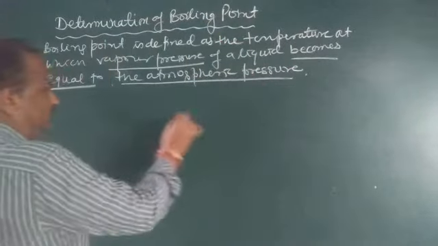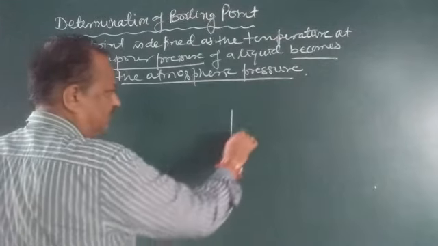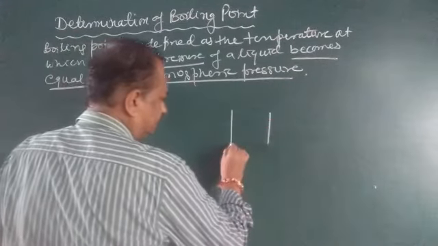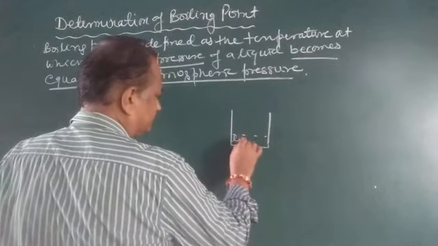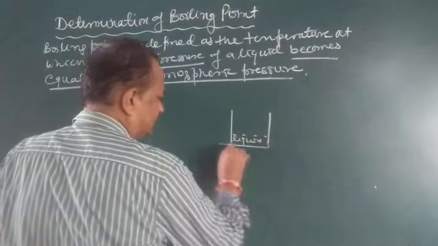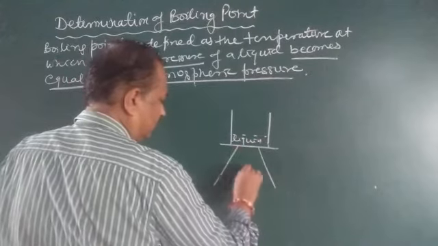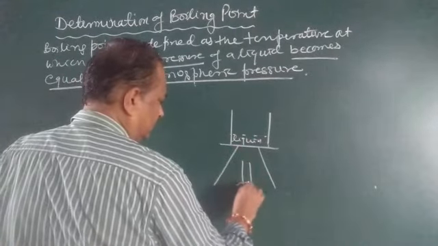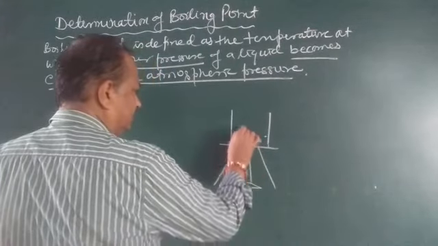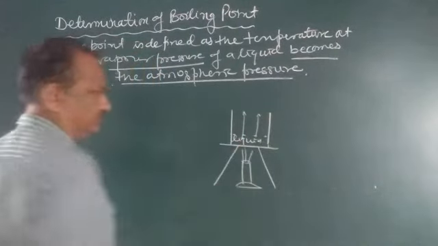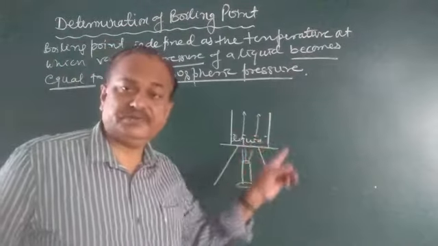And what is vapor pressure? See, here I am drawing a beaker. Here it has some liquid, and when it is being boiled, this is the gas burner. Then what happens? The vapors are produced. Vapors go away.